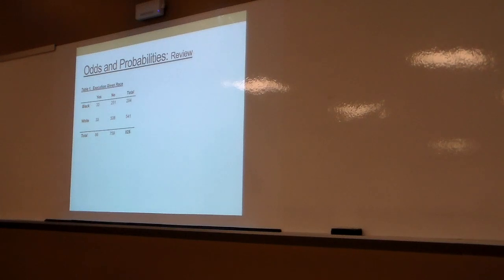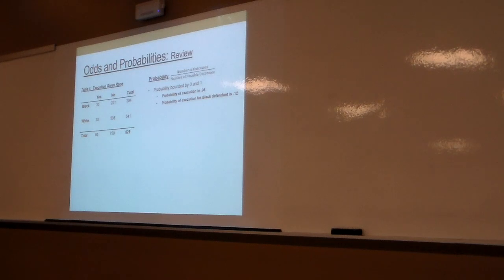So we've got execution, yes, and execution, no, which is life in prison. Totals for our black defendants and white defendants, rates of death sentence and life, totals here. A basic 2x2 table with this sample that we've collected.